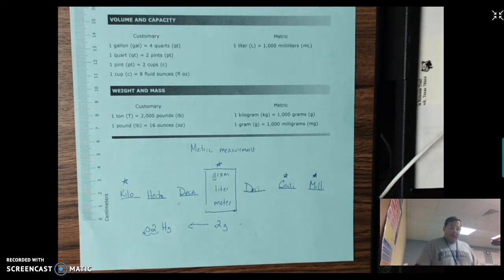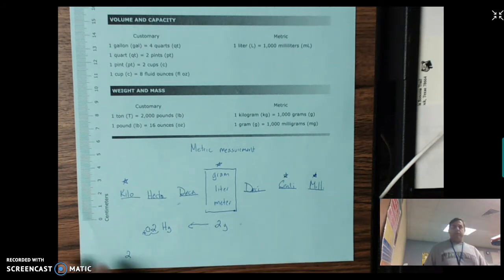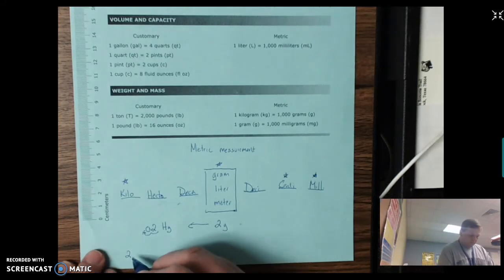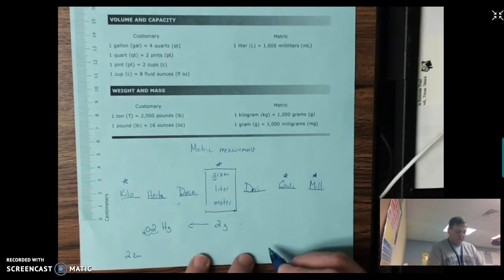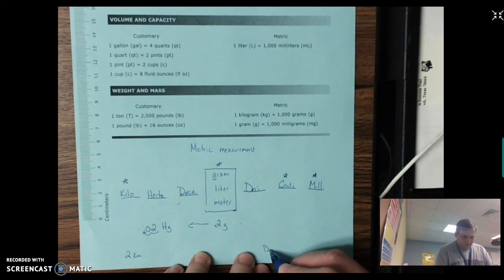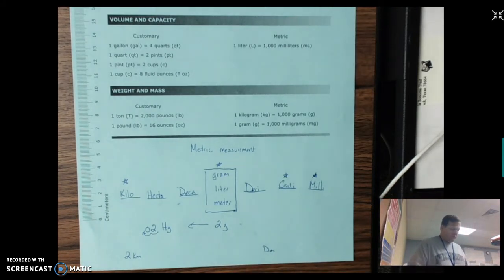Okay. So let's say I start at kilo. I'm going to use 2 because it's a relatively small number. And I want to know how many, let's do 2 kilometers? I want to know how many decimeters this is going to be. I'm not sure what the abbreviation for that is. We'll use DM.